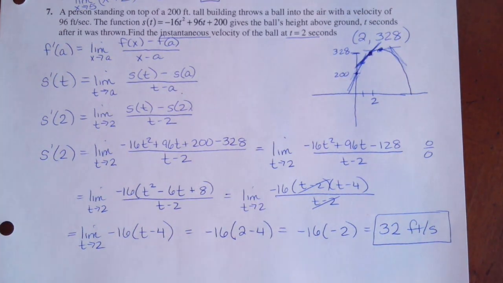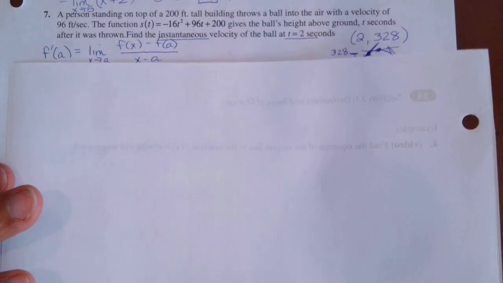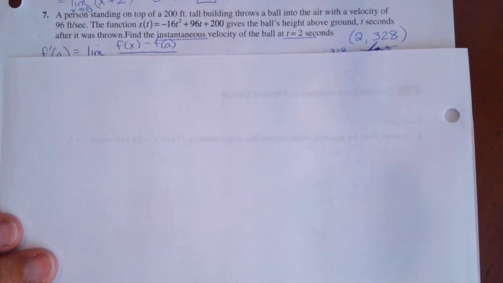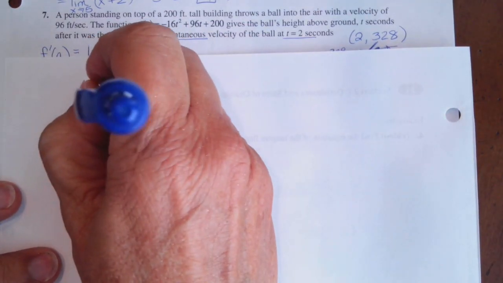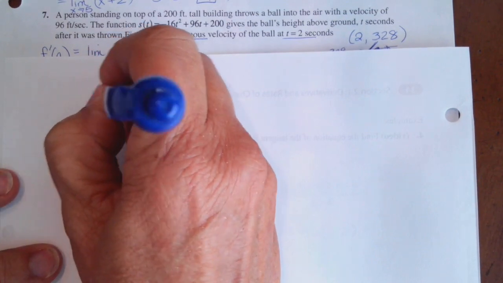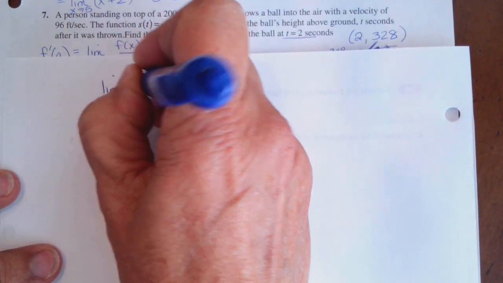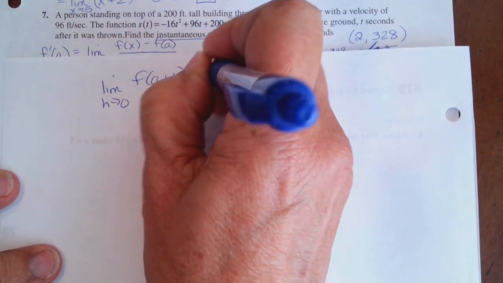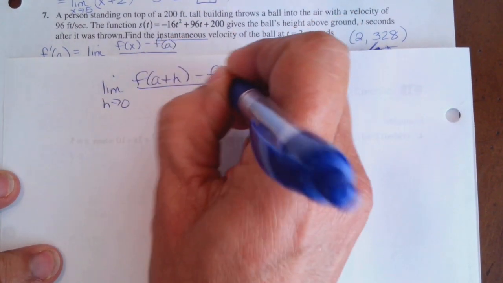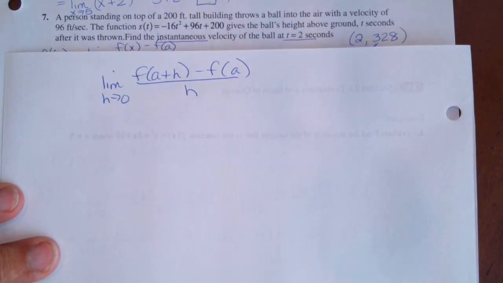Now, for those of you, I don't have to go through the whole thing, but let's say the same problem, but let's look at the other formula, just real quick. I'm not going to go through it all. You guys can finish this. But if we did the other one, the limit as h goes to 0 of f of a plus h, what if you wanted to do that instead of the way I did it?